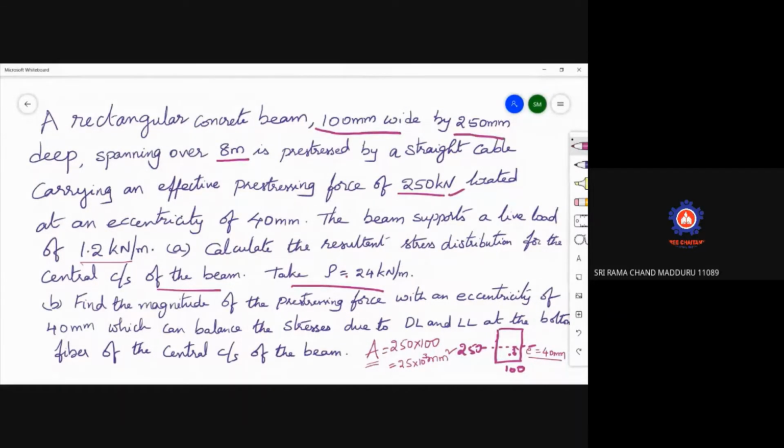Moment of inertia, I is equal to BD cube by 12. B is 100, into 250 cube by 12.